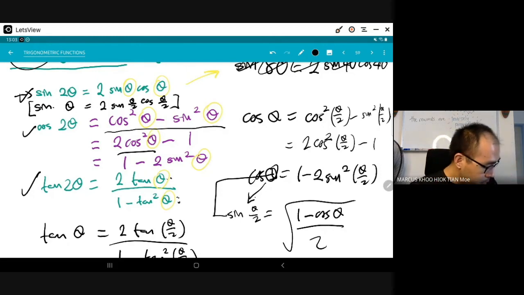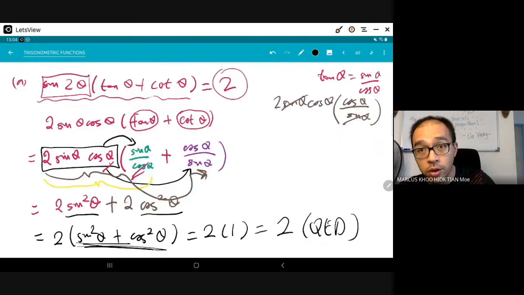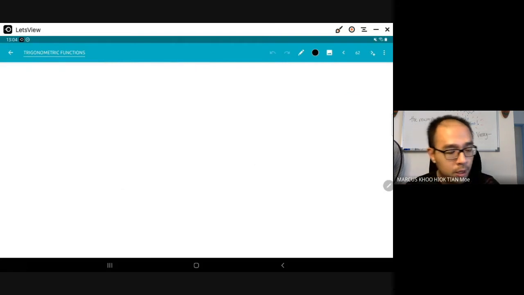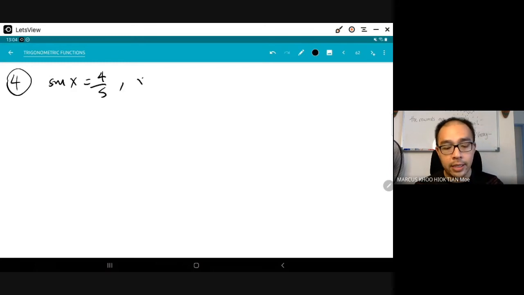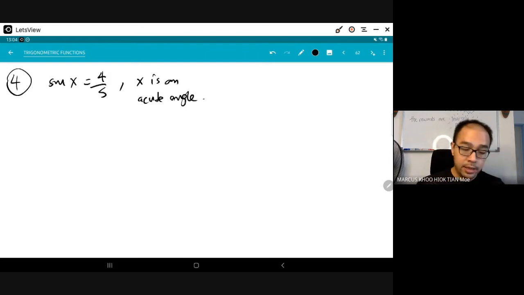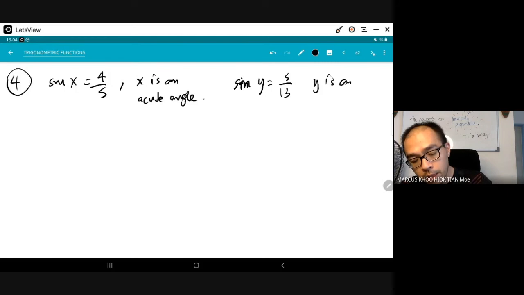Let's take a look at question number 4 in your textbook. Again, sine x equals 4 over 5, and they say x is an acute angle. And sine y is 5 over 13, and y is an obtuse angle.